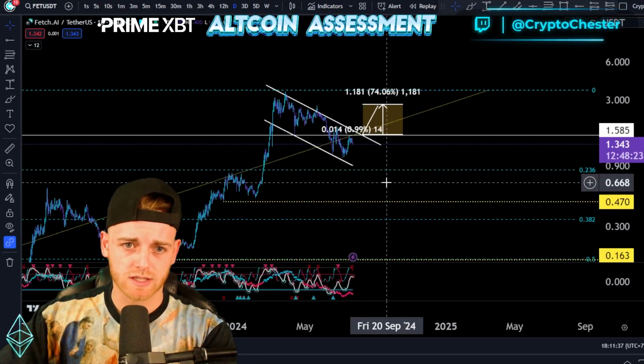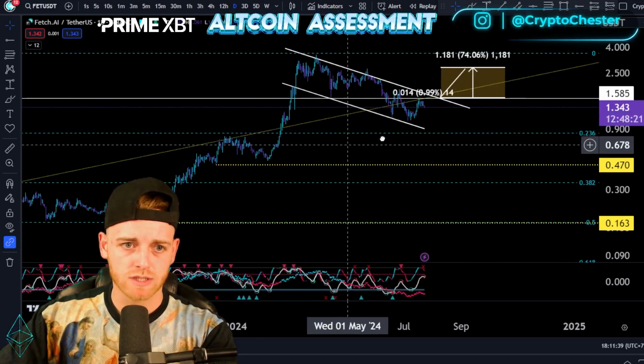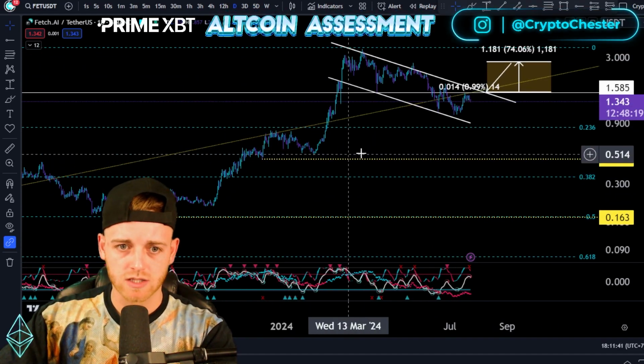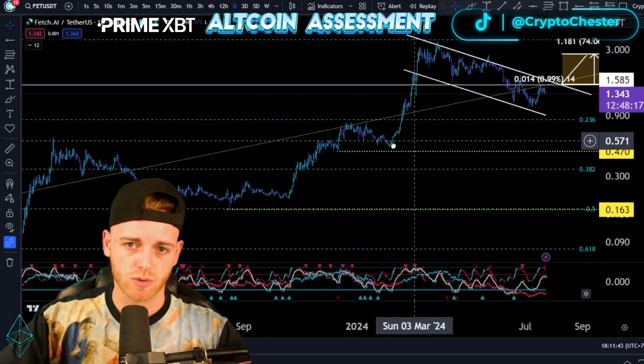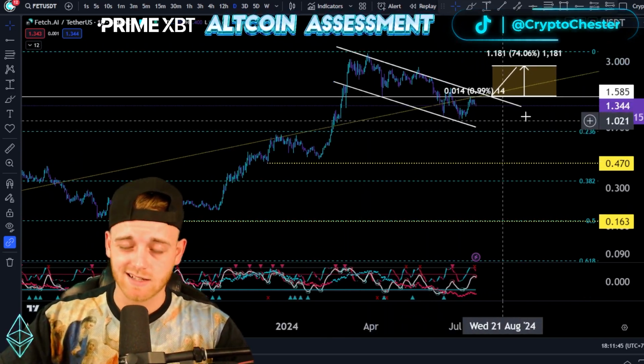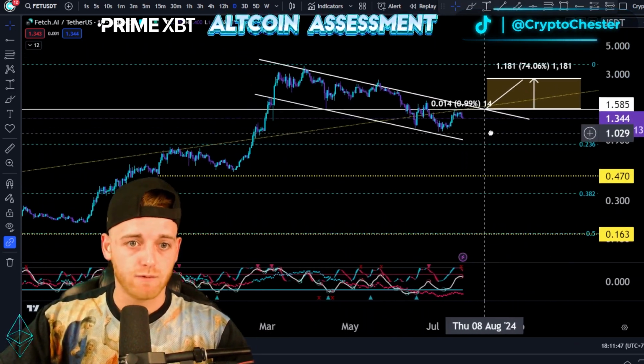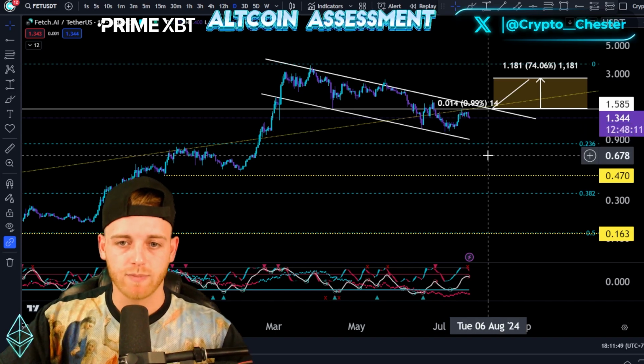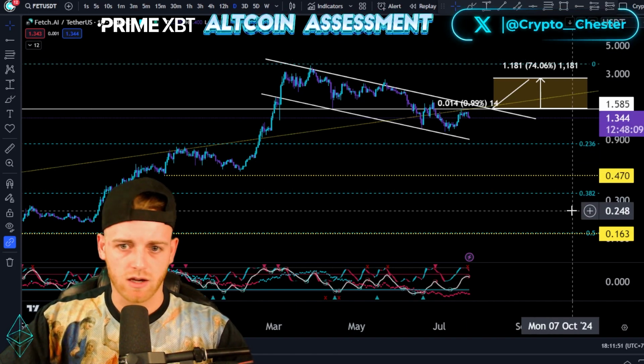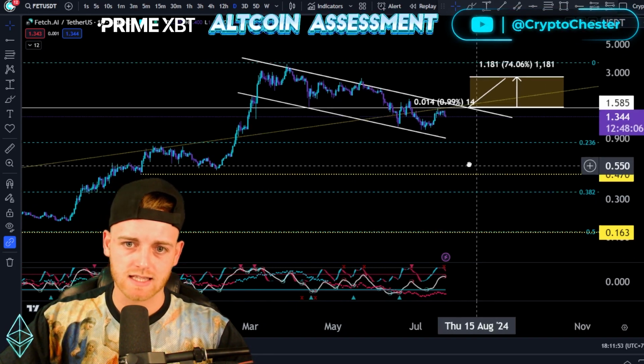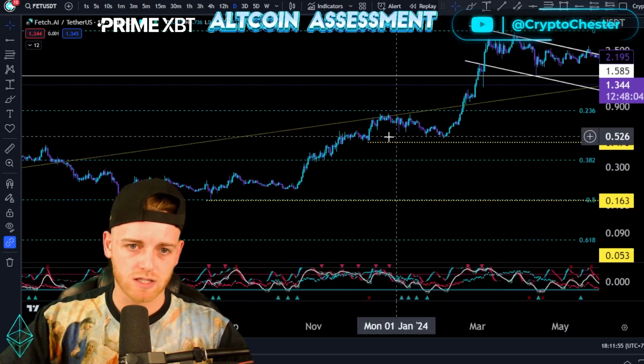And the reason why we're doing this, guys, is because it's very important to find these market structure points, because these market structure points are super important to determine the structure for the current trend on the macro, right? Now, right now, for FET AI, you can see 47 cents is the higher low market structure point.